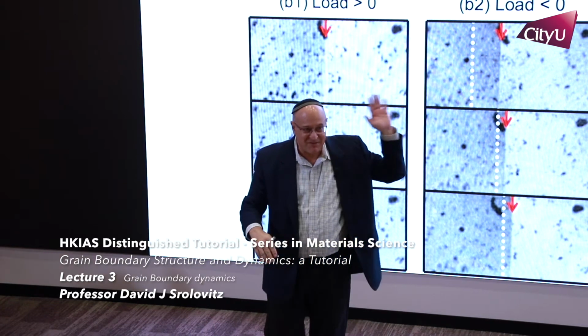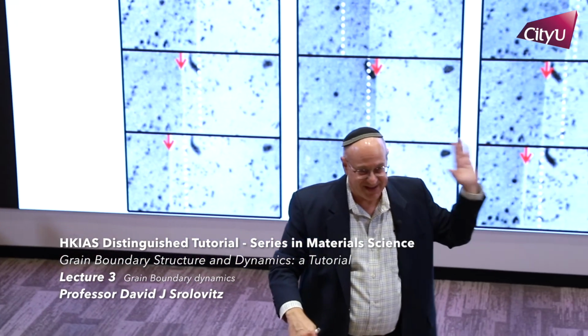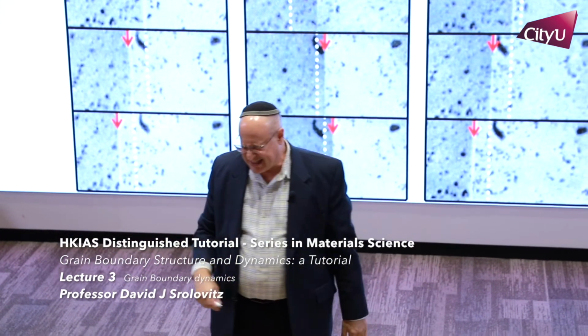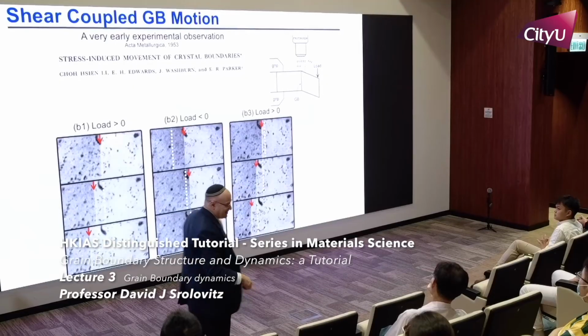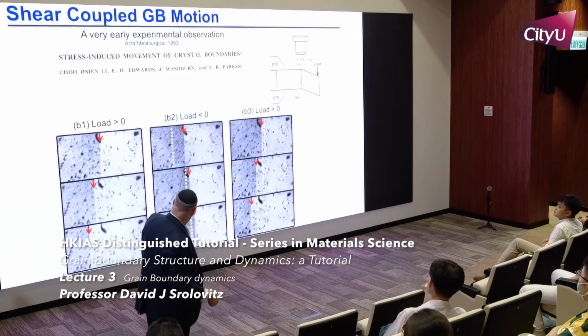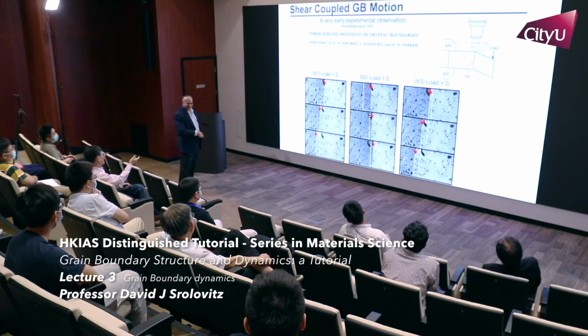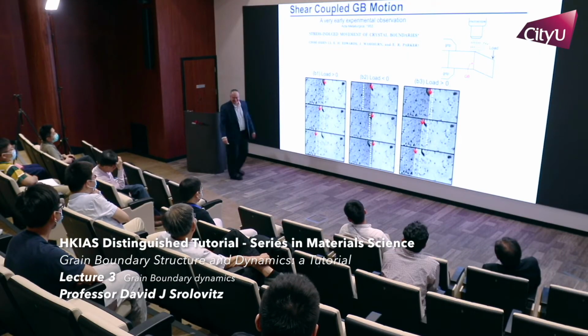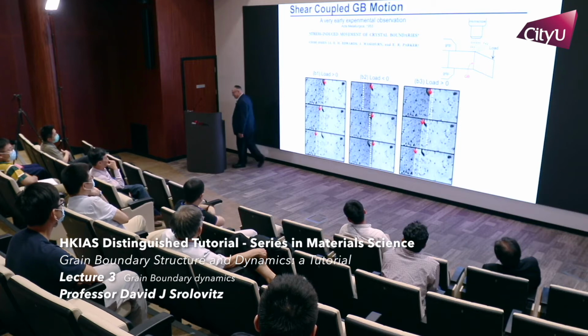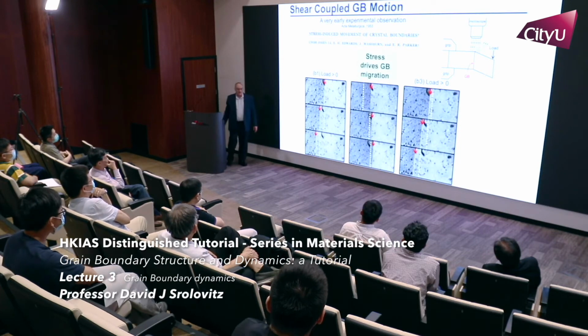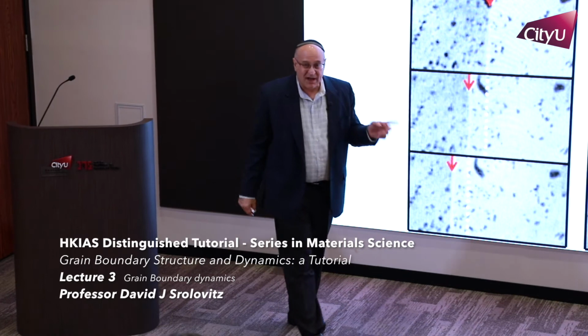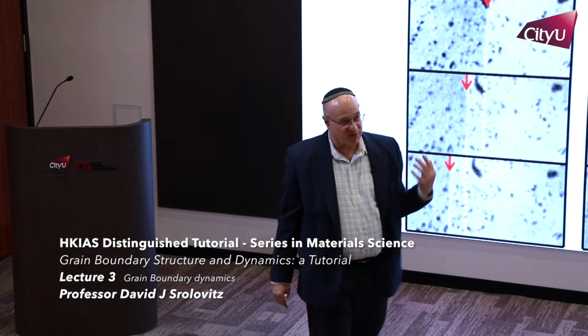It's completely, I wouldn't say reversible, but you can change the direction. What material is this? Zinc. Right. You would like that. That's my material. Yes, I know you would like that one. Okay, so the point is, if you apply a stress, you can move the grain boundary.